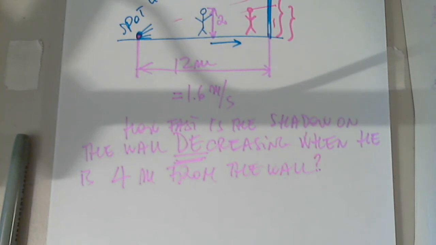So that's our question. How fast is the shadow on the wall decreasing when he is 4 meters from the building?